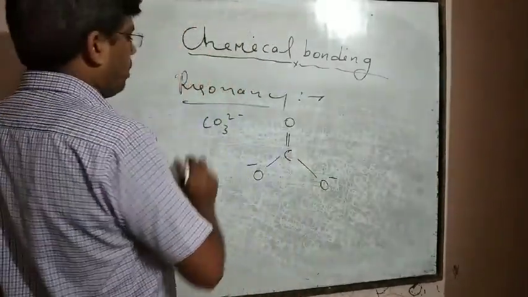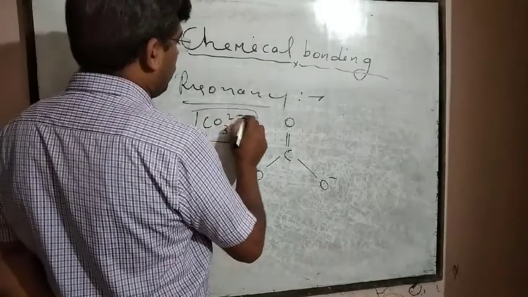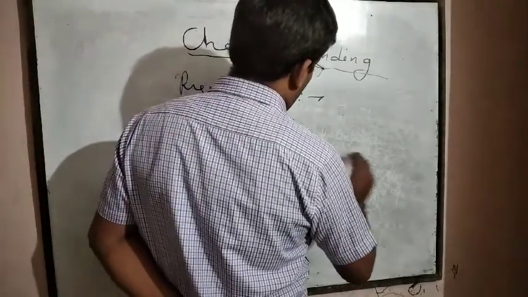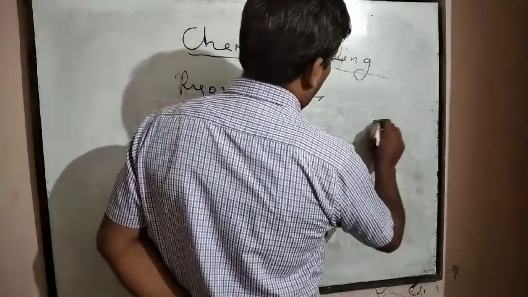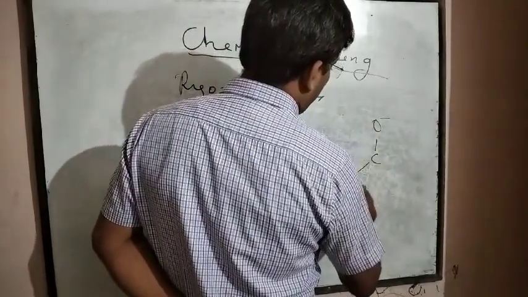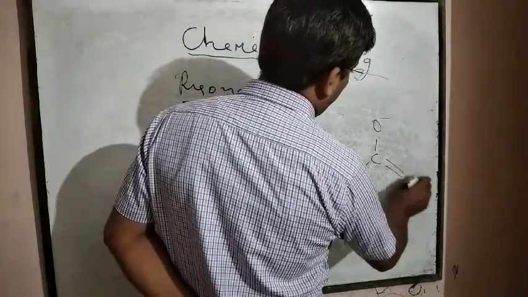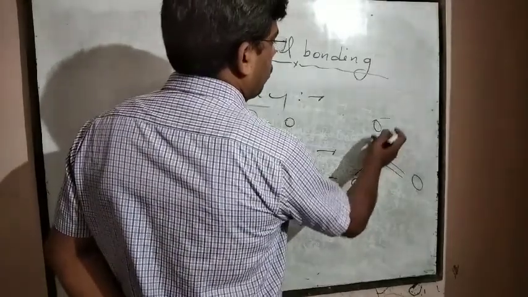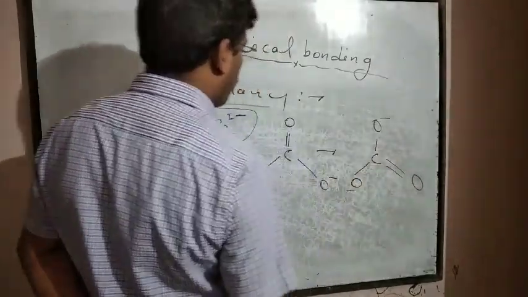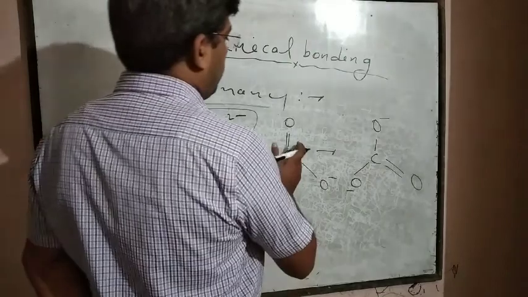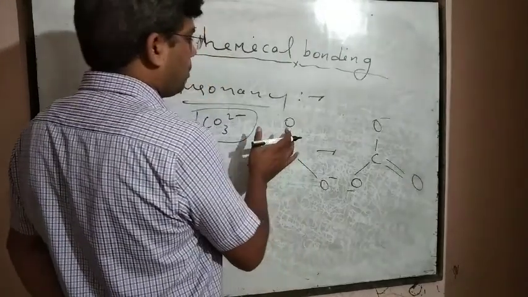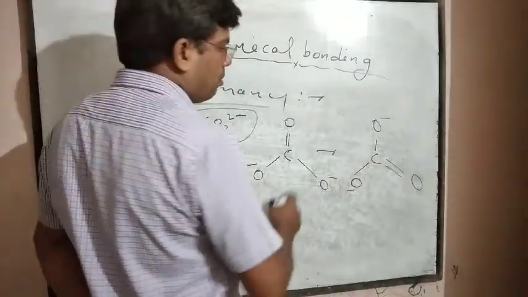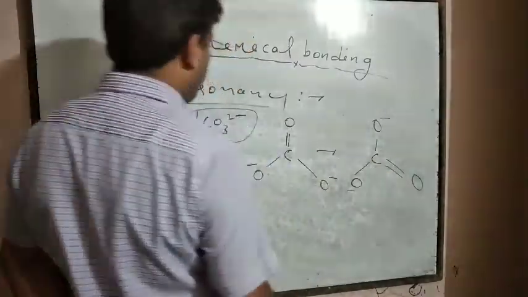Now CO minus, double bond O, O minus and double bond O. Here shifting of bond takes place from this place to this place, so here resonance is operating.